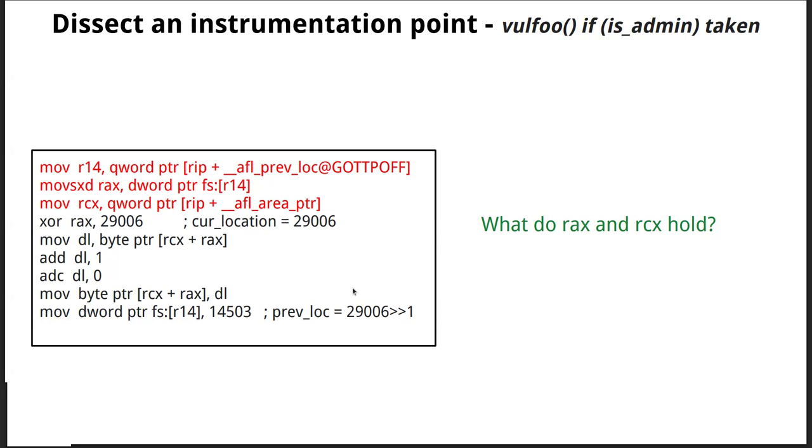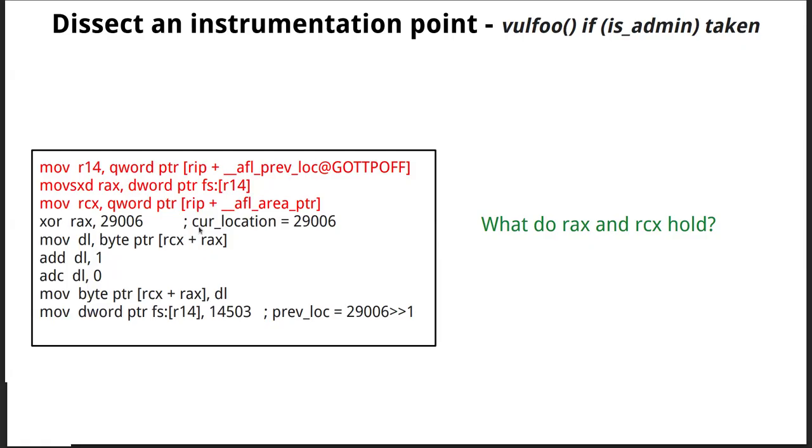Stack queries, right? In stack query, at the beginning of the function, we try to retrieve the query value from, remember, thread local storage, TLS. So here the same thing. We first try to retrieve the previous basic block ID from thread local storage and move that to the register R14 here.